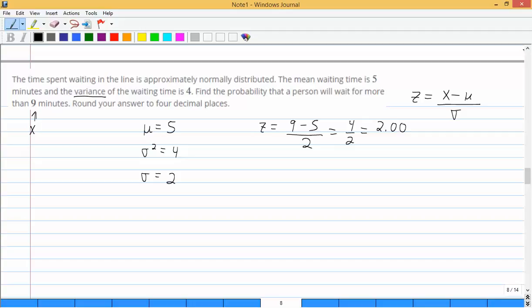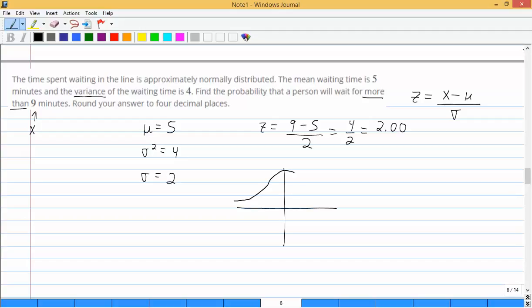Now, were we wanting to know the probability less than 9 minutes or more than 9 minutes? That makes a difference. This says more than 9 minutes. More than is the same as greater than. Okay? So we want to know the area to the right because it says more than.